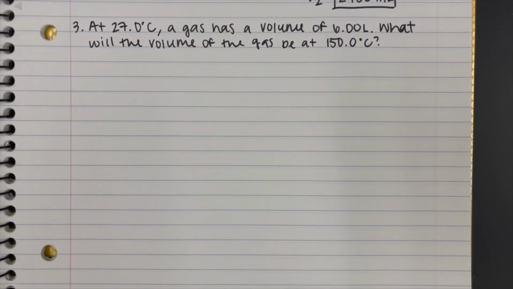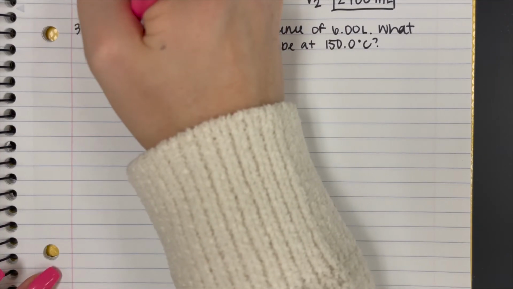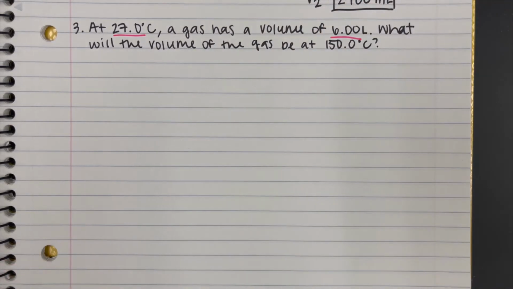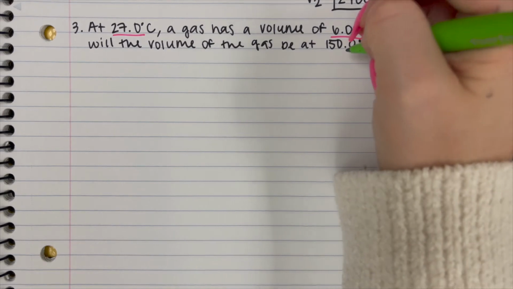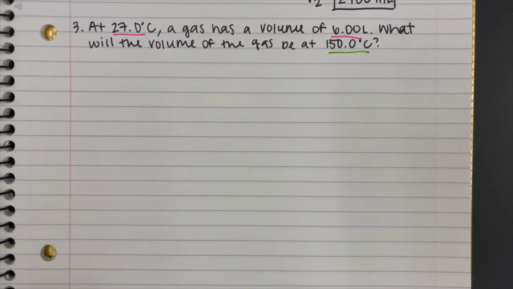Our third practice problem says at 27 degrees Celsius, a gas has a volume of 6 liters. What will the volume of the gas be at 150 degrees Celsius? So just like the other problems, I'll identify what I know about my gas initially. And I'll also identify what I know about my gas after the change.